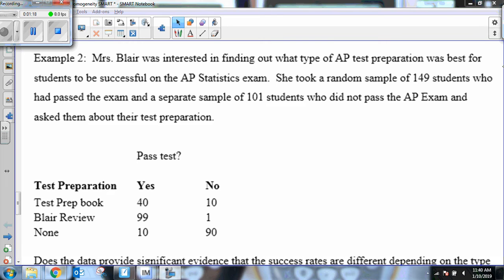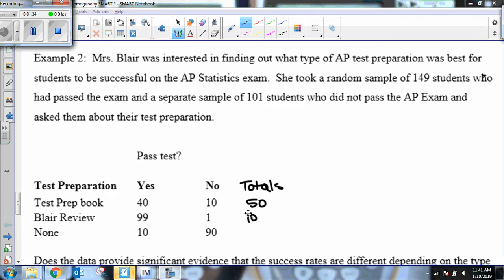Now remember, in order to do a chi-squared test, we want to compare the observed counts, what we got from our sample, to the expected counts. So what we need to have is our totals. There were 50 people that used a test prep book, 100 people that had my review, and 100 people that did no review.